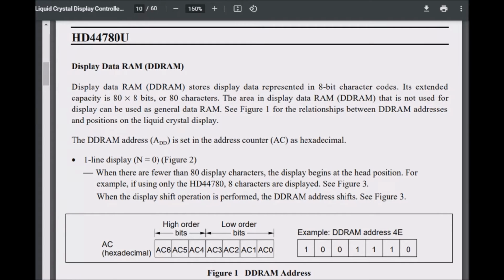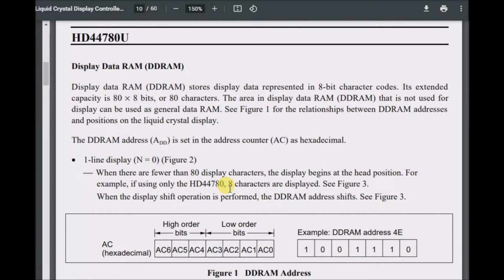The DDRAM address ADD is set in the address counter AC as hexadecimal. 1-line display, n equals 0, Figure 2. When there are fewer than 80 display characters, the display begins at the head position.